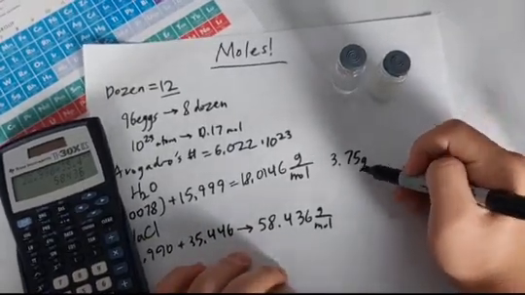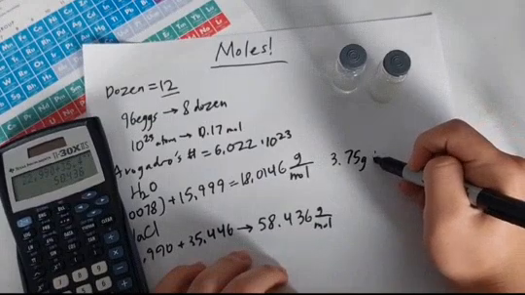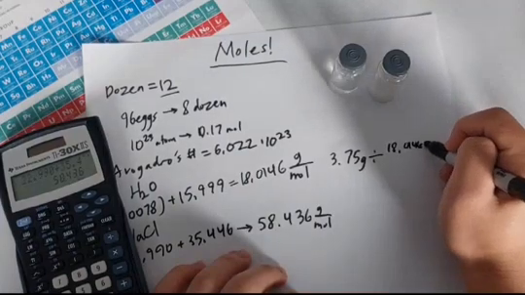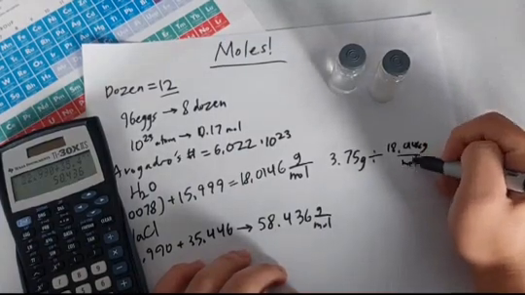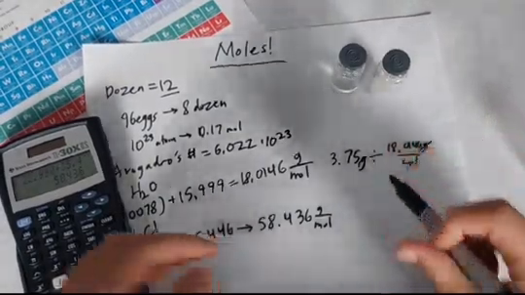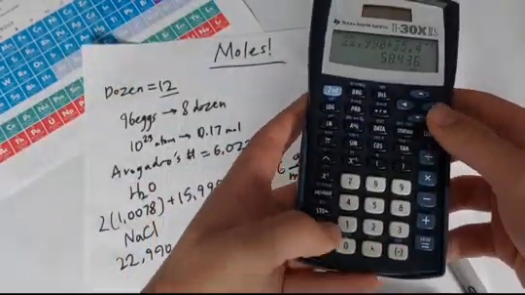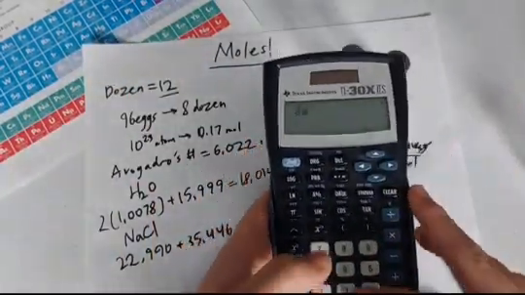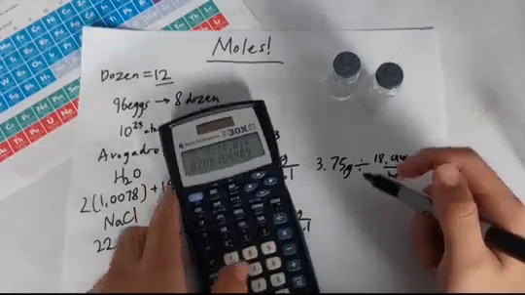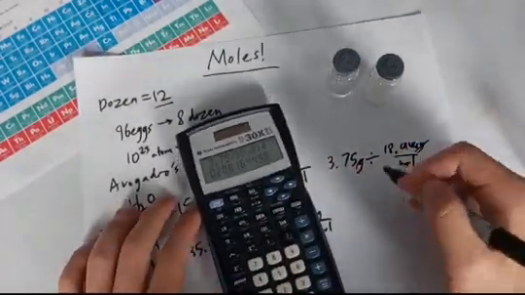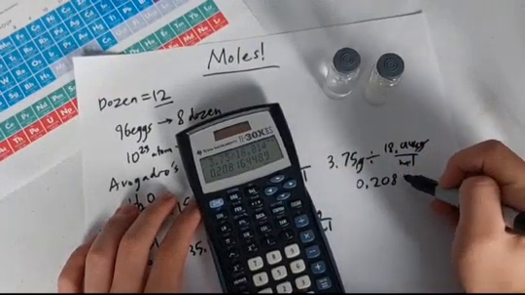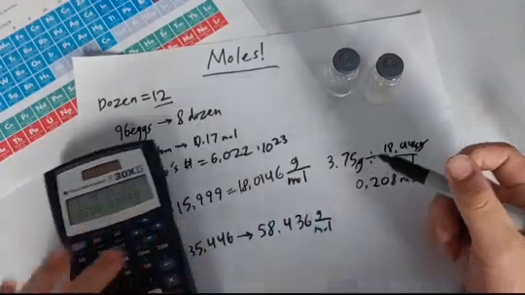And then since we're converting grams to moles, we have to divide by 18.0146 grams per mole. This means that the mole comes up to the top, gram goes to the bottom, grams cancel, and we can find the moles. If we do that, we get 0.2082 moles. Because of significant figures, we have to round to 0.208 moles of water.